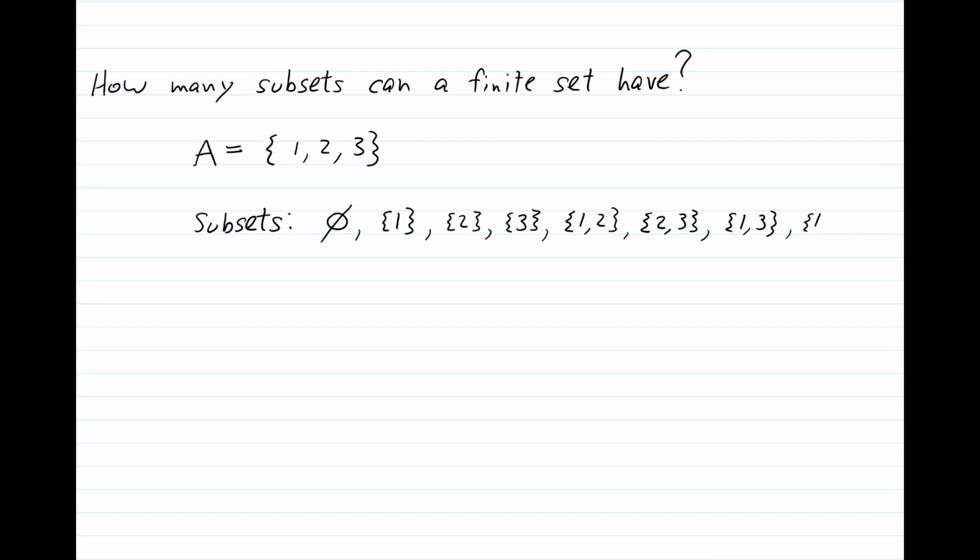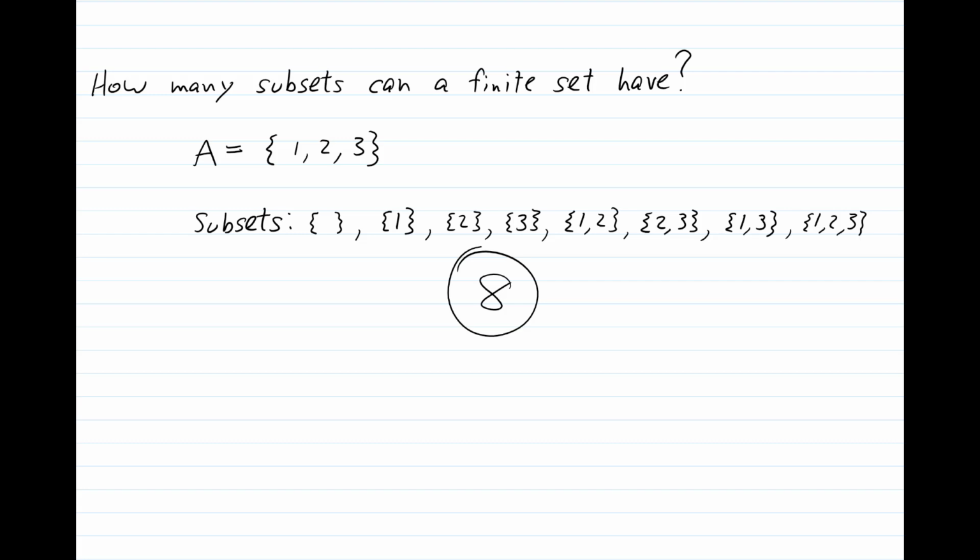And then there's A itself. Okay? Let me go back and put here, instead of the symbol for the empty set, since I've been writing all of these subsets out, I'll go ahead and write out the empty set too, which is brackets with nothing in it. So how many are there? There's 8 of them.